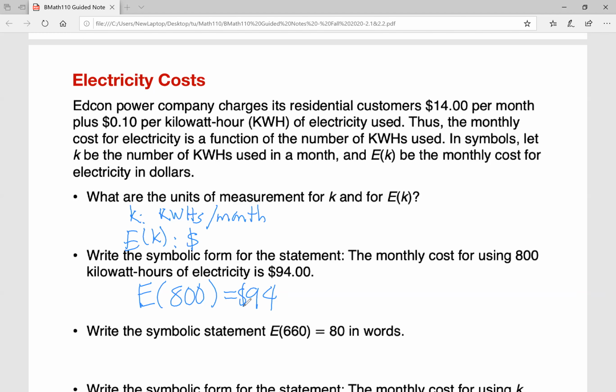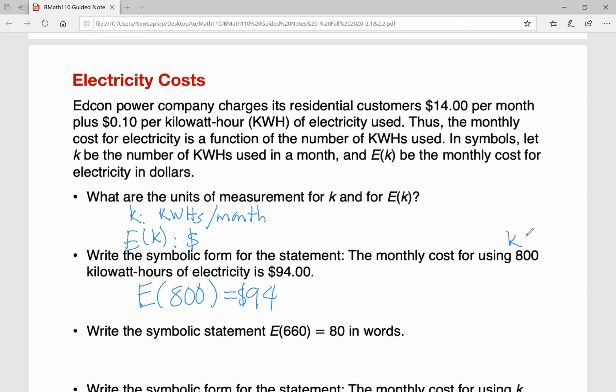Right? Because here, K is the kilowatts, and $94 is the outcome.